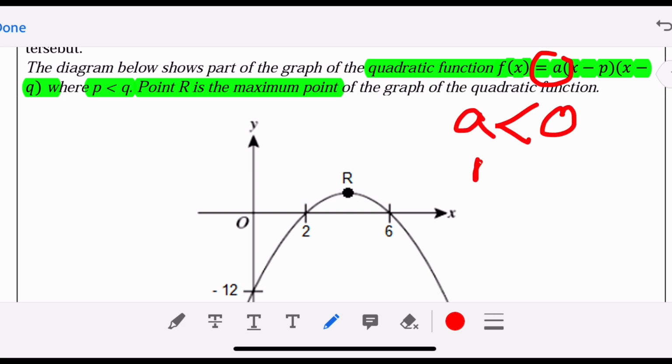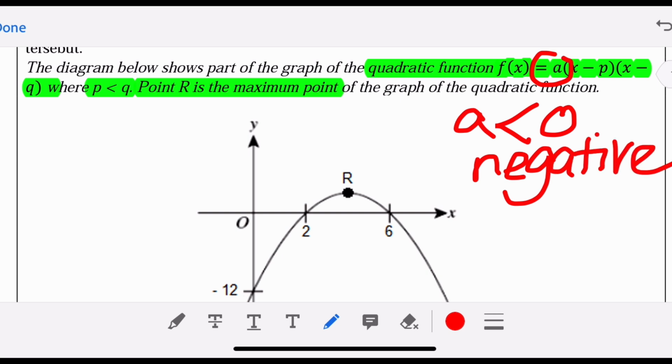In maths, less than 0 represents negative, and negative starts with the letter n. Remember that? And n has a highest point, a maximum point. So these are the concepts that you must know.